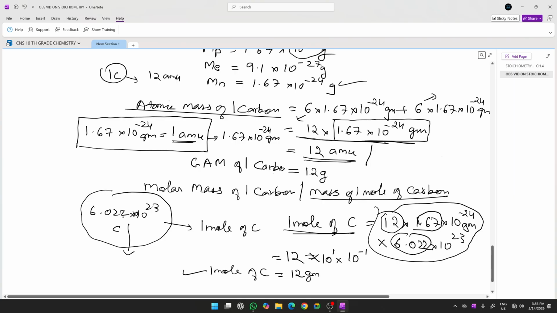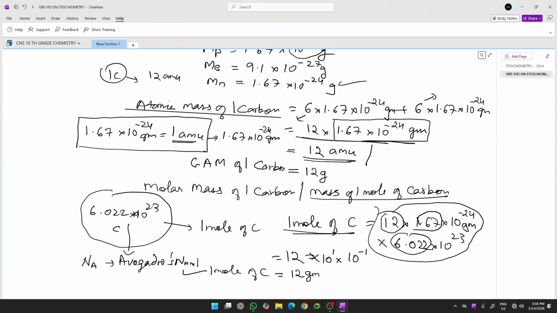In fact, this number 6.022 into 10 raised to 23 is known as Avogadro's number. This is the name of the scientist who invented this, and it is represented by Na.